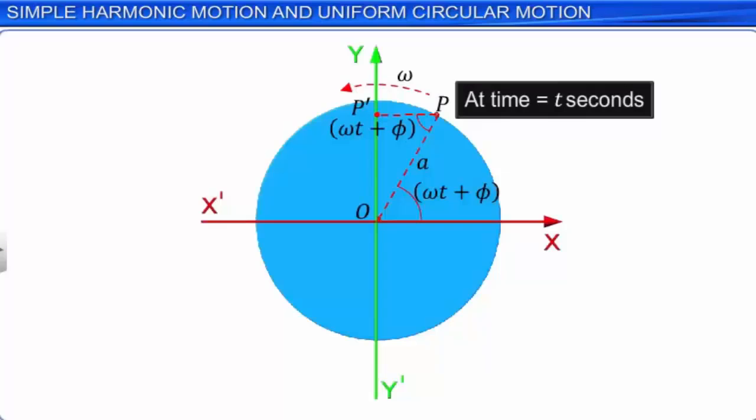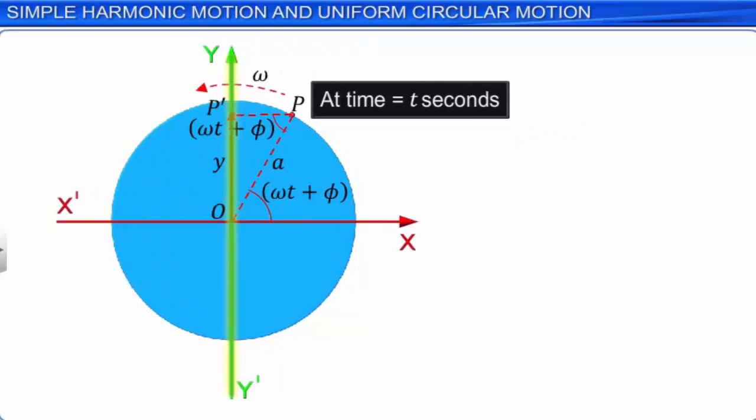Then, the displacement of the projection of P executing simple harmonic motion along the diameter of the y-axis can be written as y is equal to A sine omega t plus phi, where A denotes the amplitude of simple harmonic motion, which is the radius of the reference circle.